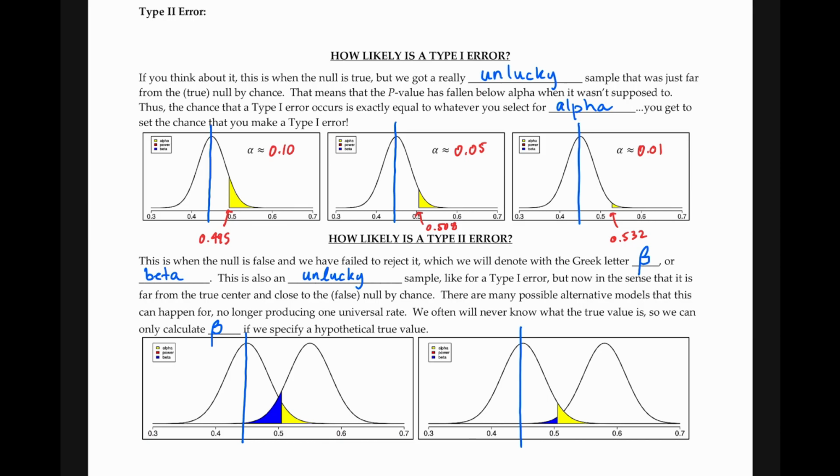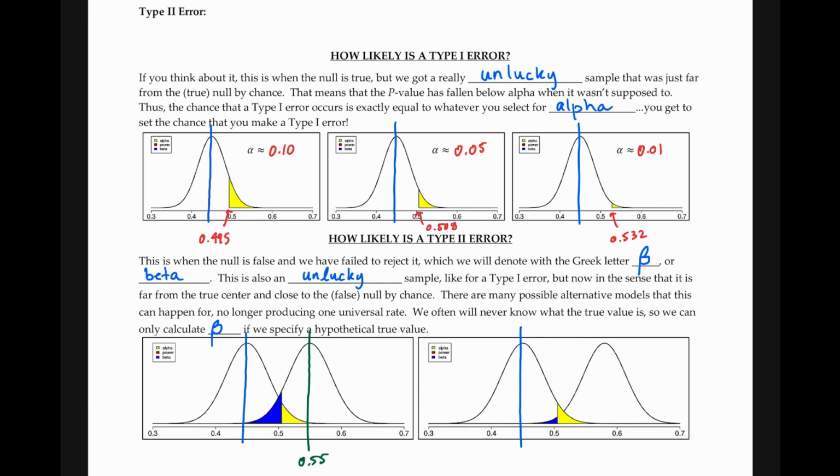distribution. So in the past we have said 45%. Well, here, what if in fact our sampling distribution is truly centered further to the right at, let's say, 55%.